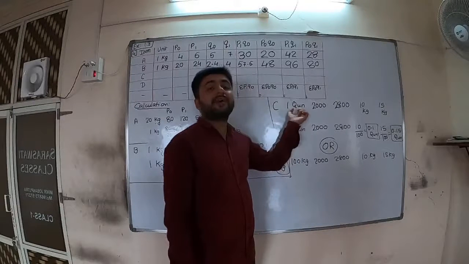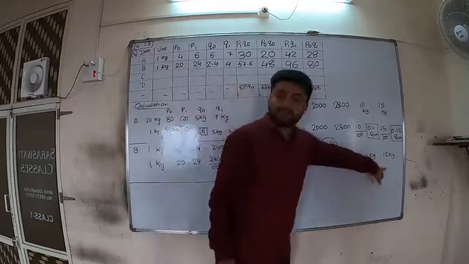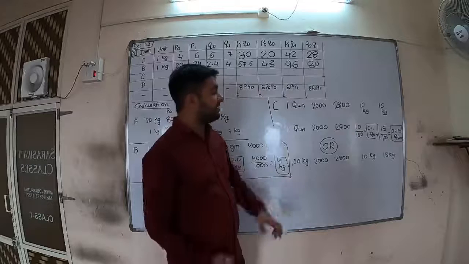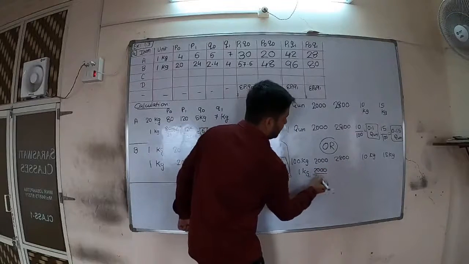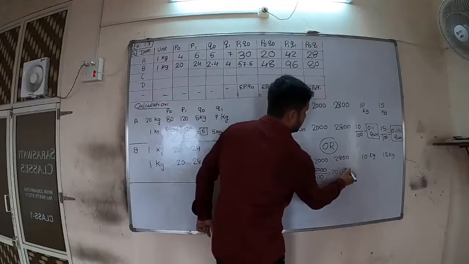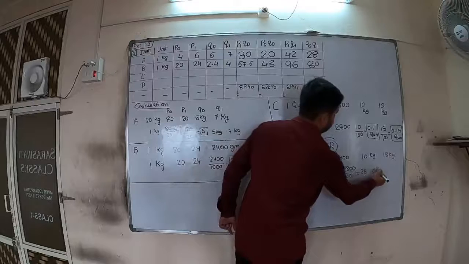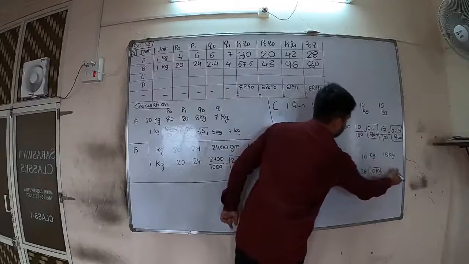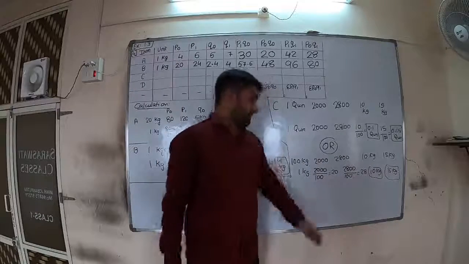Instead of 1 quintal, I multiply 1 quintal by 100, so 100 kg. Now the units are the same, but the unit is not equal to 1. Now to make it 1, 2000 divided by 100 is 20, 2800 divided by 100 is 28, 10 kg, 15 kg. As per the book, this will be the answer.